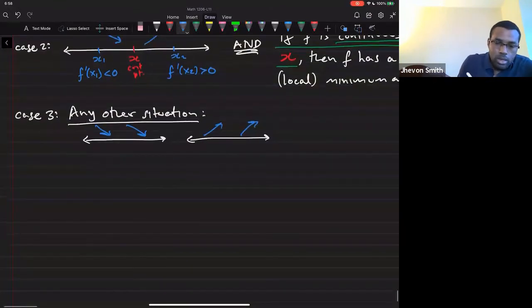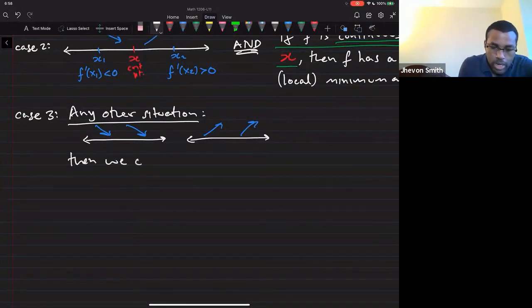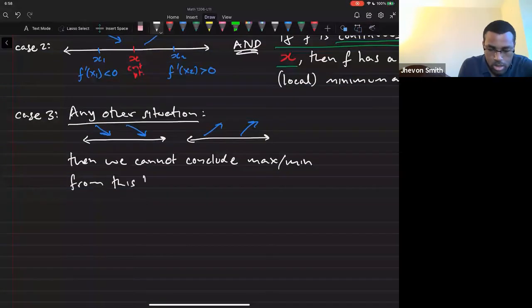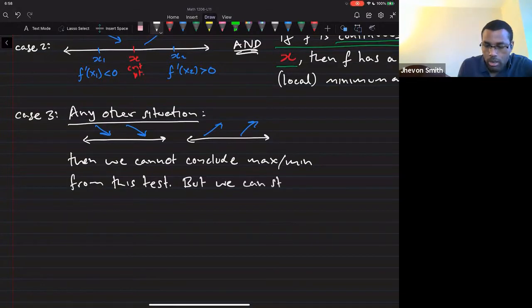Then we cannot conclude max or min from this test. But we can still tell increasing, decreasing.